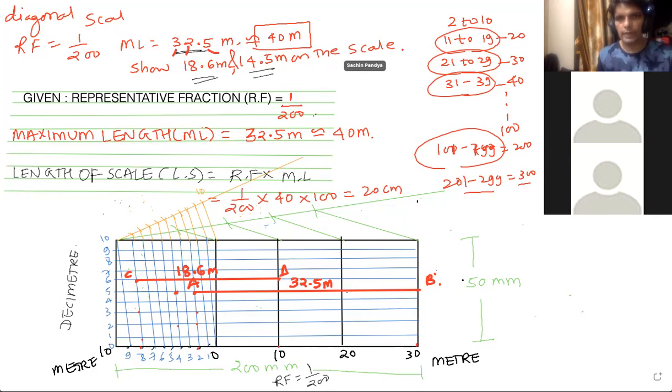Over here it will overlap, so I will just change the color. I will take black. This black line is 14.5. That is EF. Understood? Any doubt in this? No, sir. Okay.